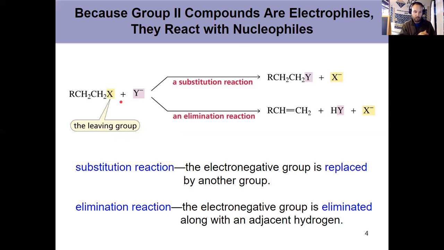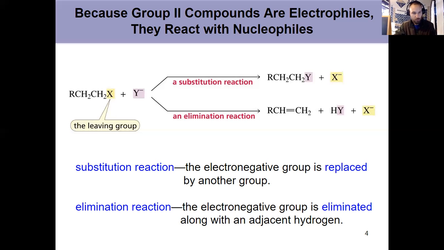It gets eliminated from the molecule. So does one of the neighboring hydrogens, and it results in the formation of a double bond. So substitution, elimination, they kind of hint right there in the name. Something gets substituted for or something gets eliminated, but note the difference in the products. Here we still have an sp3 hybridized carbon. Here we got a pi bond. So at the end of the chapter, make sure you can predict which one of these will happen.